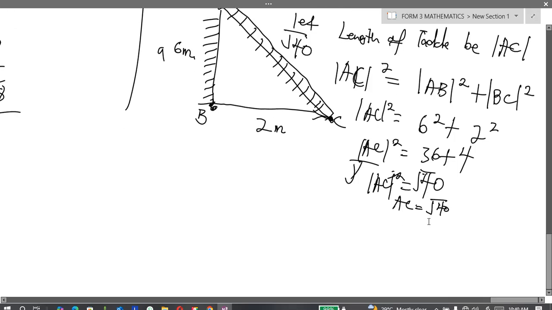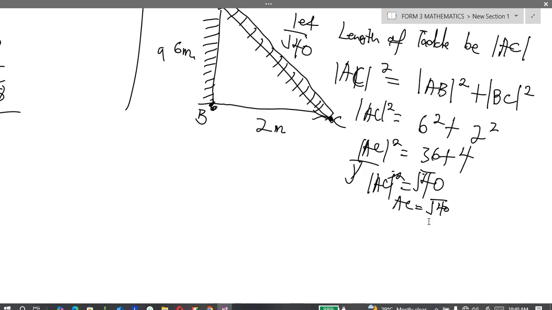So you can punch directly on your calculator to get the value for the root of 40.